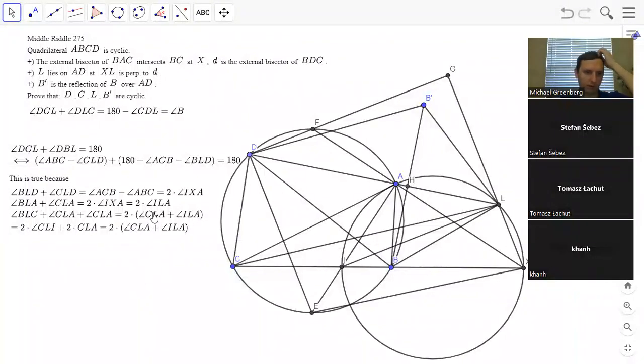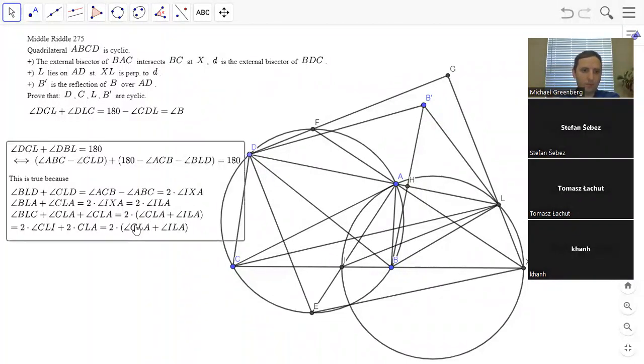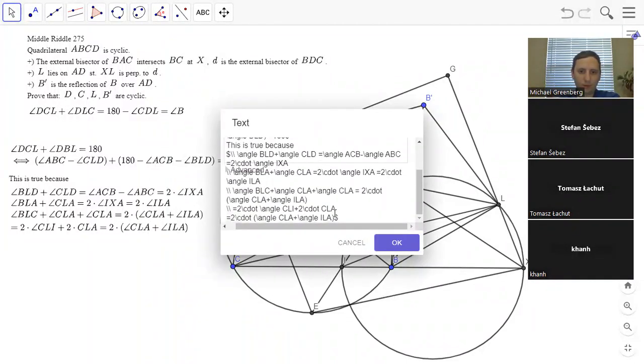So this is weird. This is confusing me. Okay, just wait a bit. Okay. And just delete the equality symbol of the last line, and that should be it. Okay.